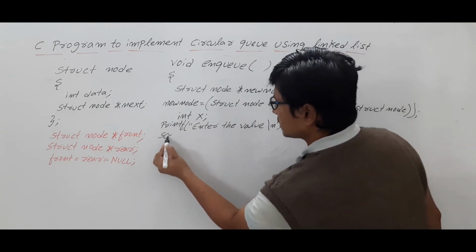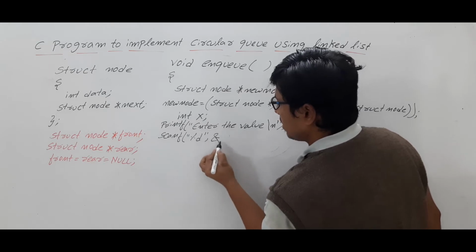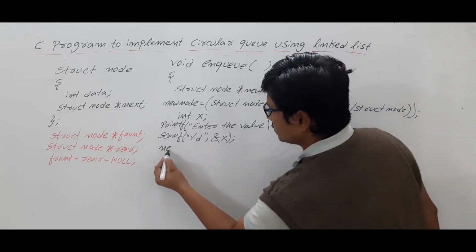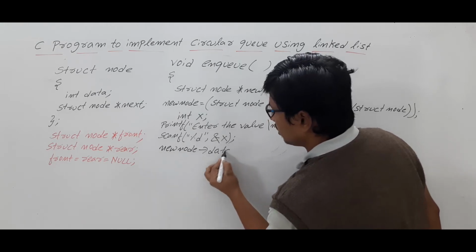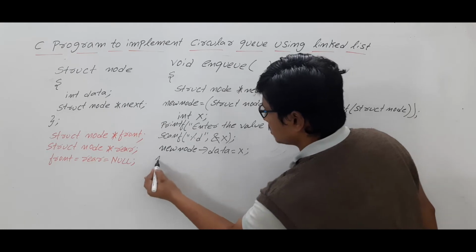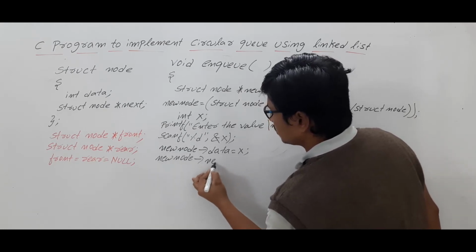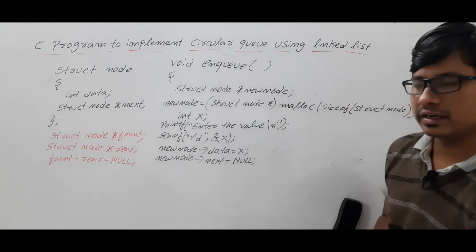So let me write scanf %d ampersand x. Once it has been read, you need to assign it to the data. So new node of data is equal to x. New node of next is equal to null. So you have created a node.